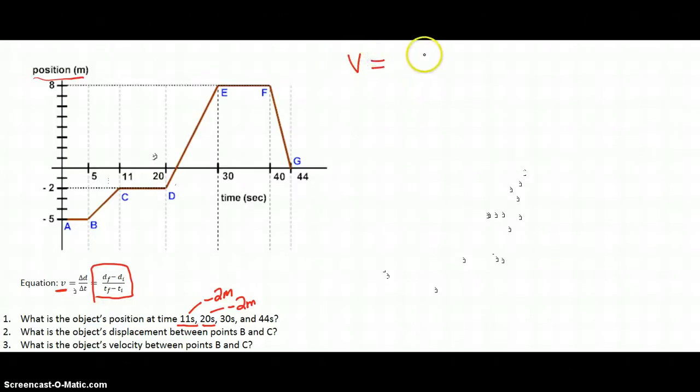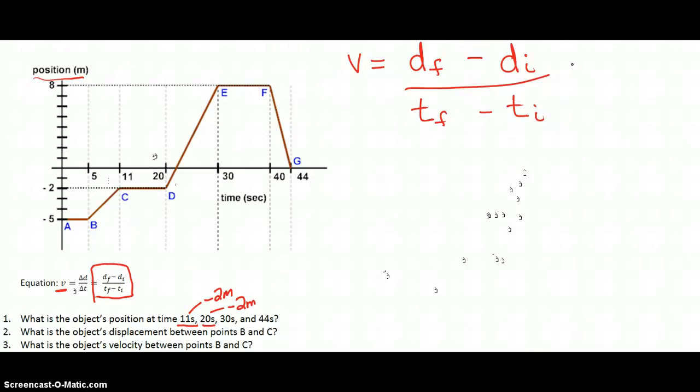Velocity equals my final or end position minus my start position over my final time minus my start time.